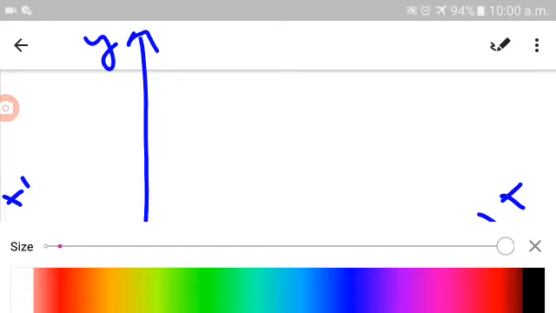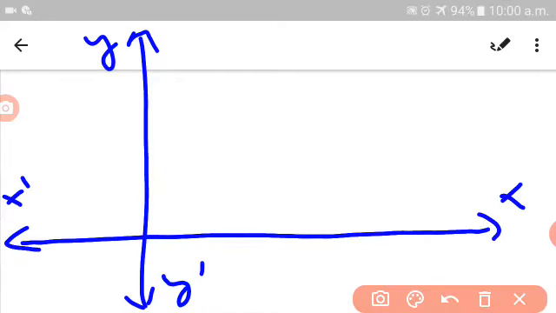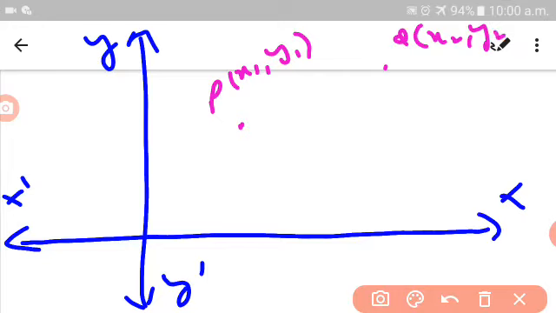One point is P, one point is Q. Suppose this point is P, whose coordinates are x1 comma y1, and this is point Q, whose coordinates are x2 comma y2.